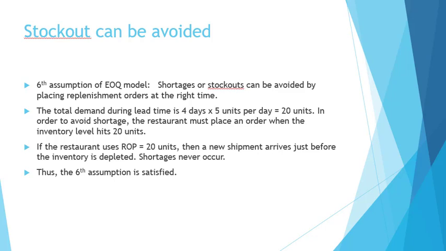Then, in order to avoid shortage, the store must place an order when the inventory level hits 20 units. If the store uses this reorder point of 20 units, then a new shipment arrives just before the inventory is depleted. Shortages never occur. Thus, the sixth assumption is satisfied.